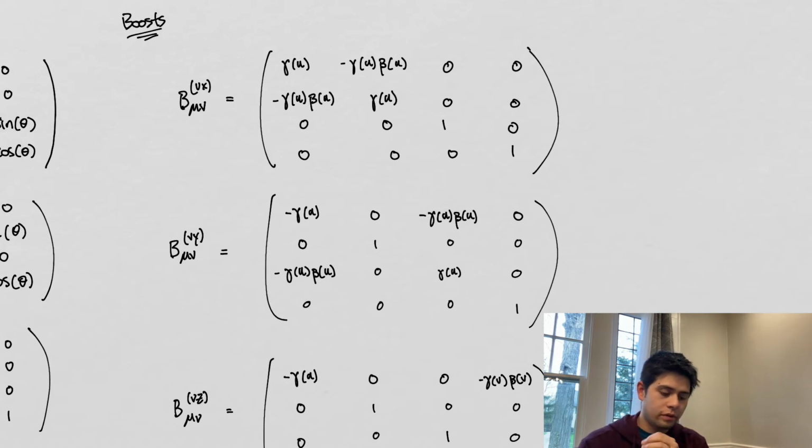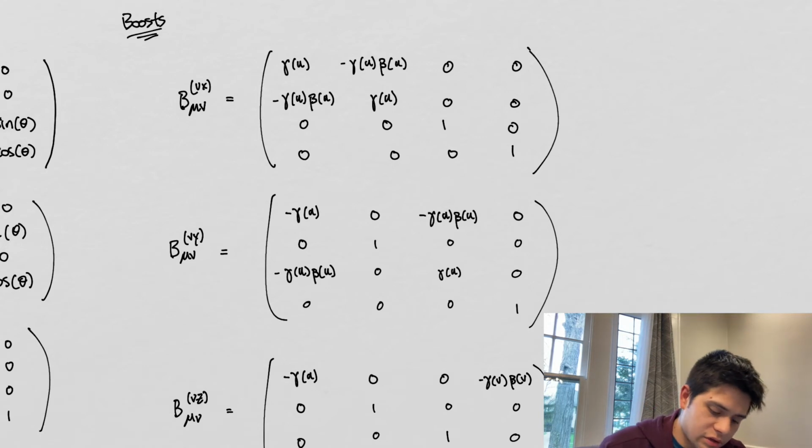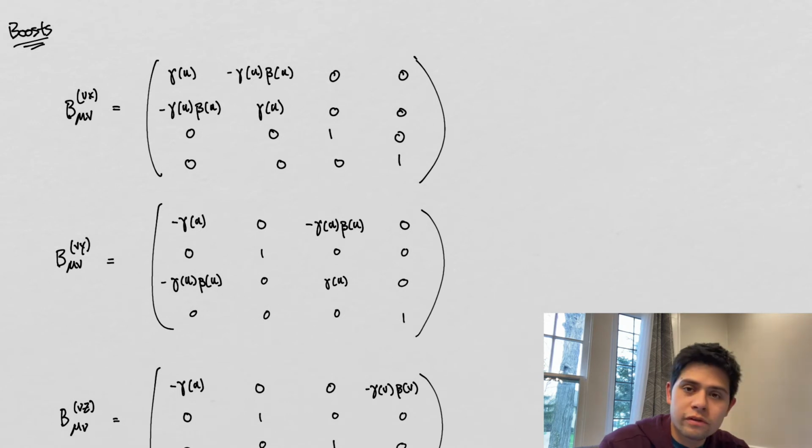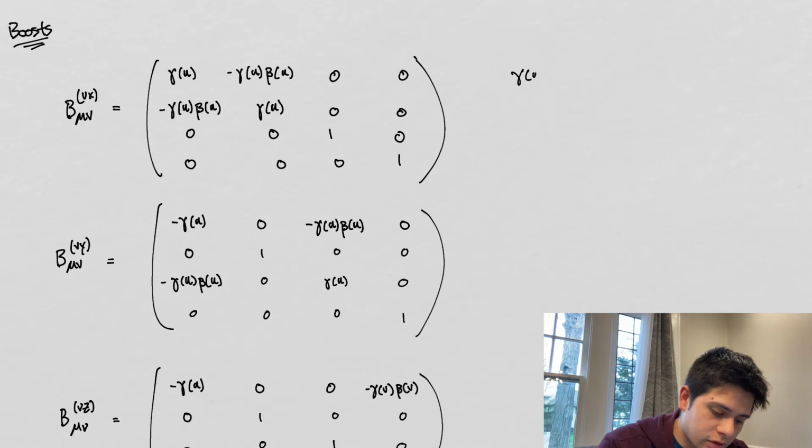So when we boost in x, y, and z, we're using these matrices here, which can also be derived, where gamma of u is something we've talked about already. So gamma of u is merely just that factor, the Lorentz factor, 1 over the square root of 1 minus u squared over c squared.